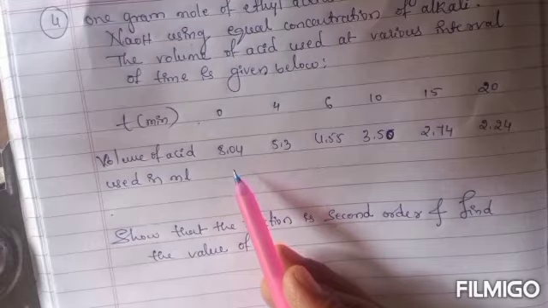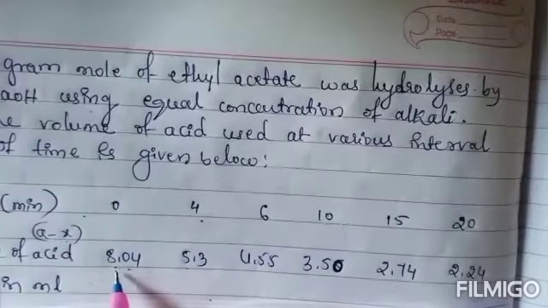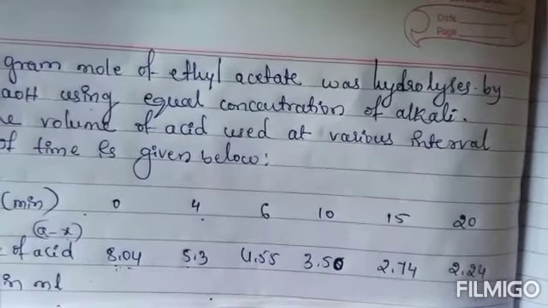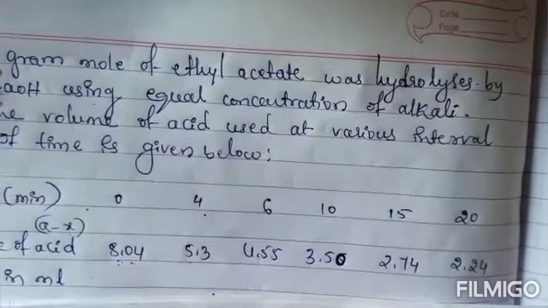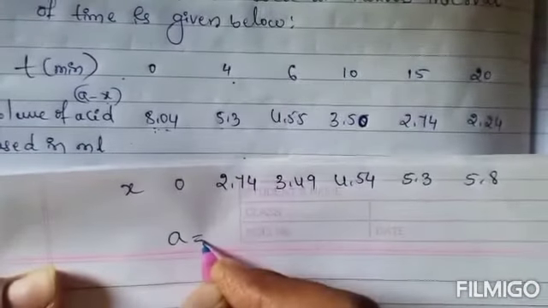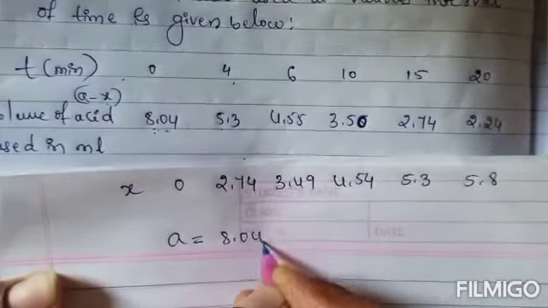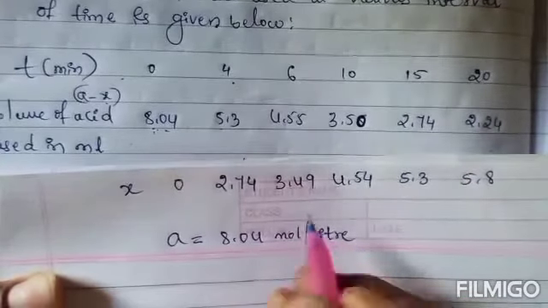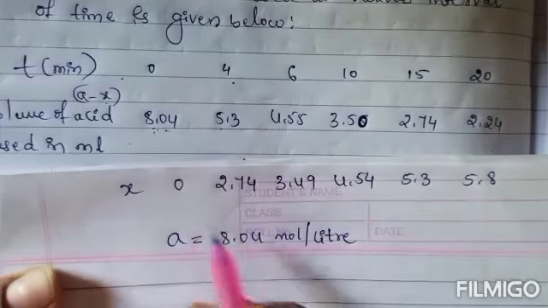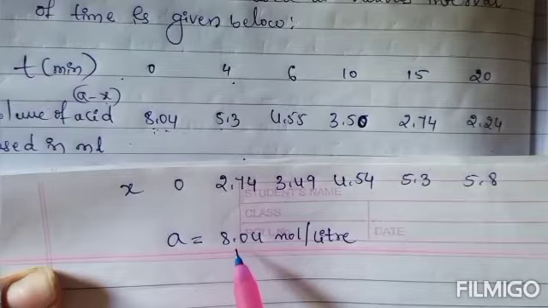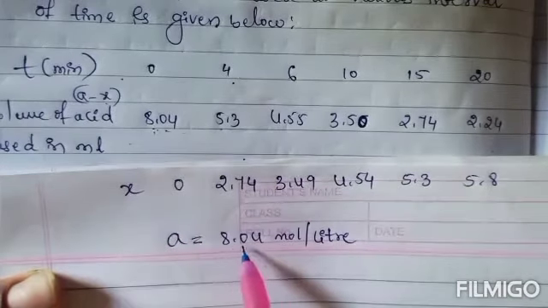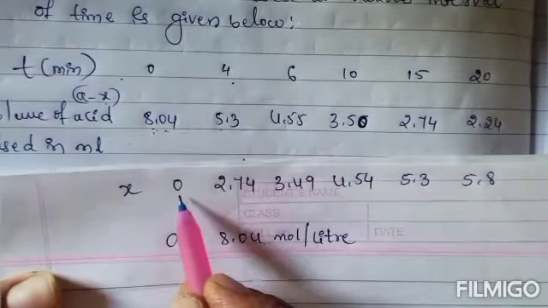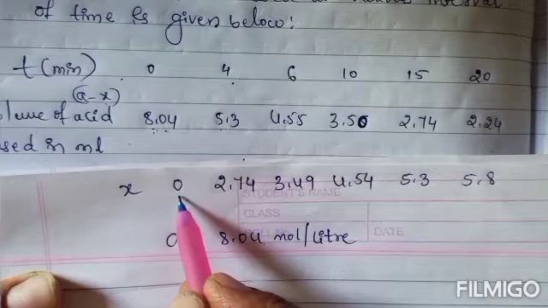Here the initial concentration of reactant is 8.04. It means A is equal to 8.04 mole per liter. So we will calculate the X value by using this initial concentration and A minus X. So 8.04, initially the product will not form, so it is 0.